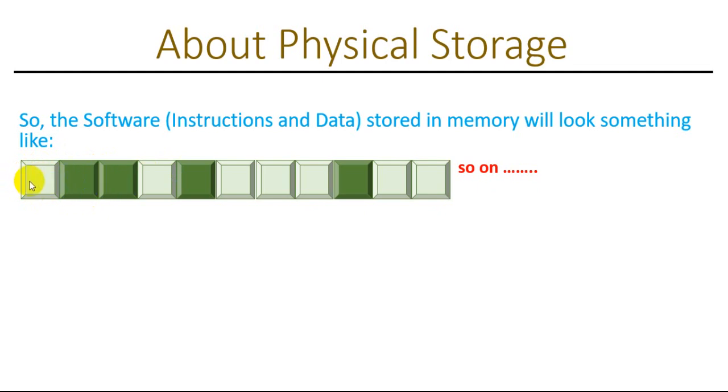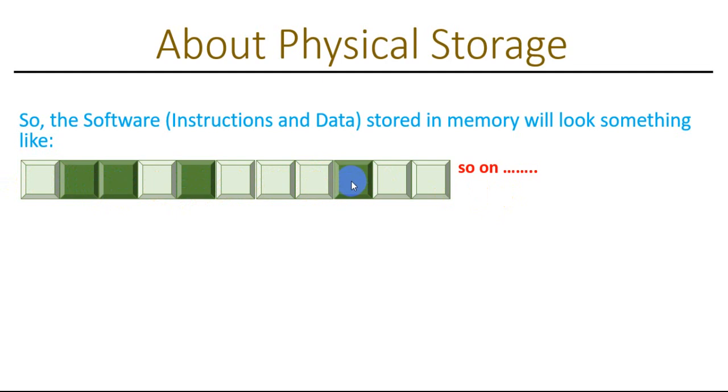In volts, that's somewhere around 1.8 volts here, around 5 volts here, around 5 volts here, around 1.8 volts here, and so on. We will not go to volts. We will just say off, on, off, on. All the green ones are on, all the white ones are off. Wherever it has to keep off, it keeps the off one, and wherever it has to keep on, it keeps the on one.